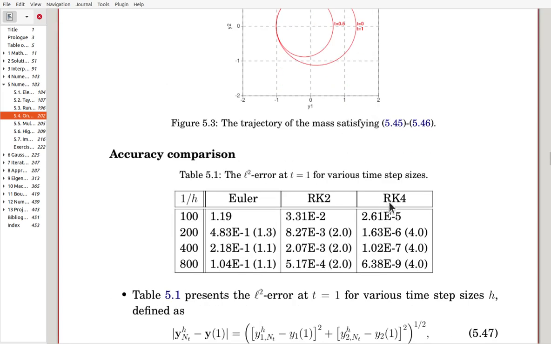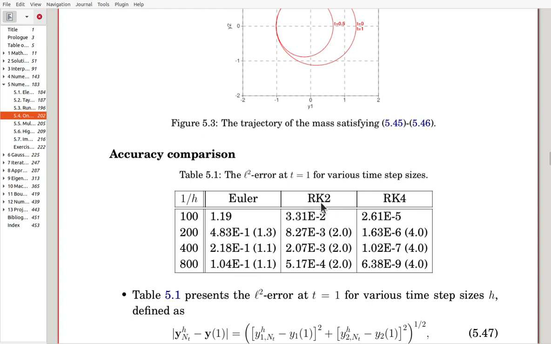We have the accuracy comparison: Euler method with h equal to 100, 200, 400, 800 steps. The error is given in this way, so you can see that it's first order.